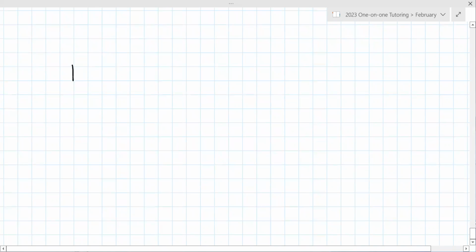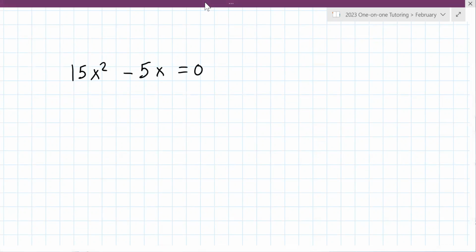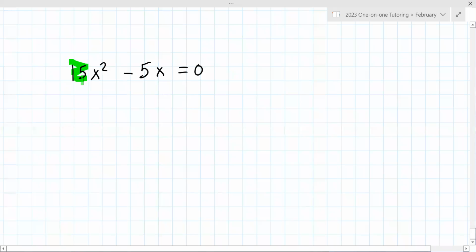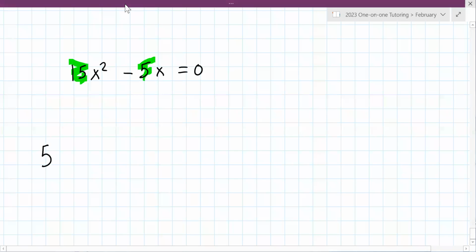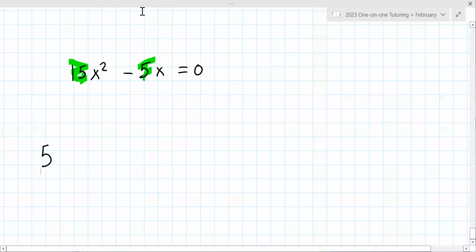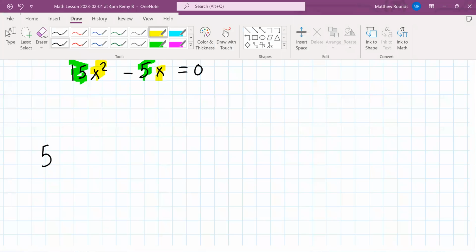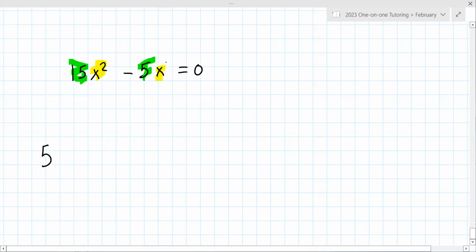All right, let's go 15x squared minus 5x equals 0. So again, you start by looking at just the numbers, 15 and 5. Is there a number that goes into both? 5. And then you look at the letters, the variables, and you look for the smaller exponent. Which is the smaller exponent? X. What's its exponent? 1. So x to the 1.